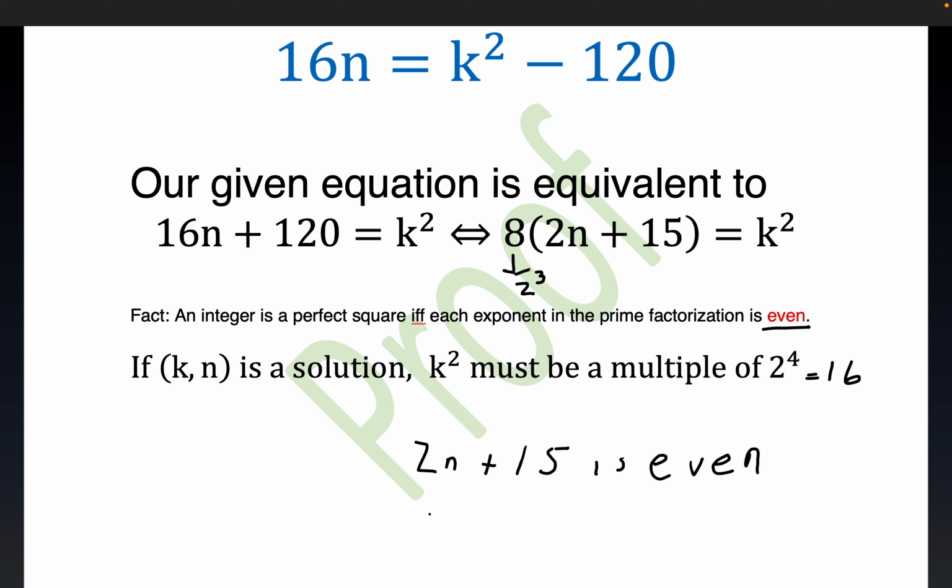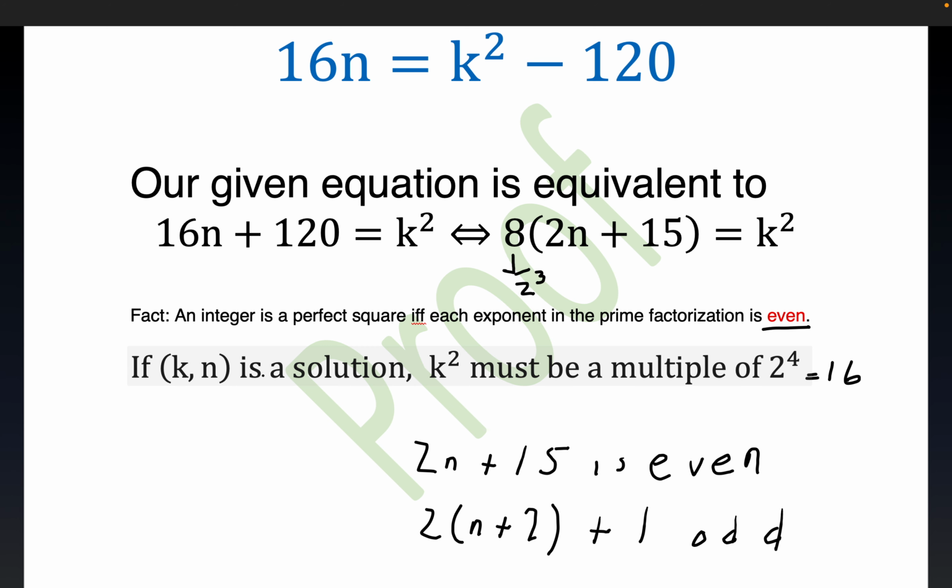Because you could rewrite this as 2 times n plus 7, plus 1, right? Most people don't need to see this written down, but just for the sake of being complete, and the fact this is a short problem really. See, so that's odd, right? Okay, so this is obvious, even though the logic from here indicates that 2n plus 15 is even, it manifestly is odd, right?